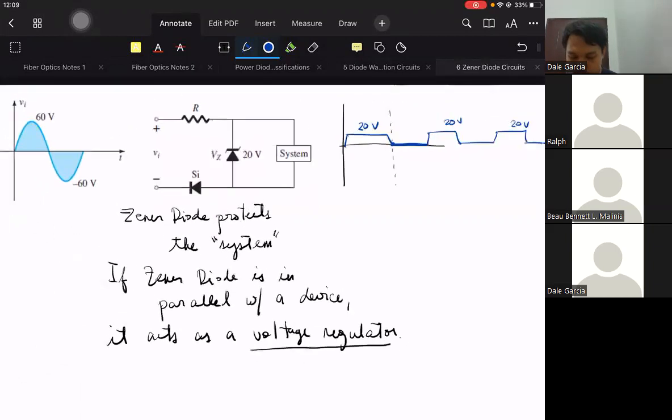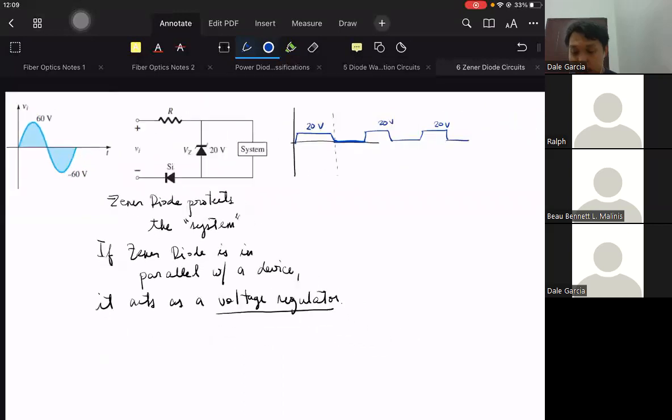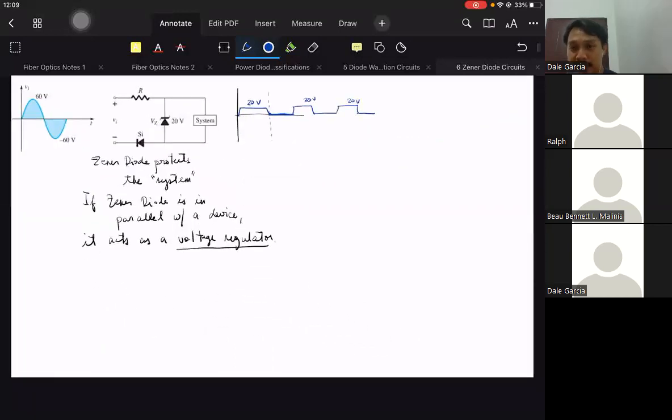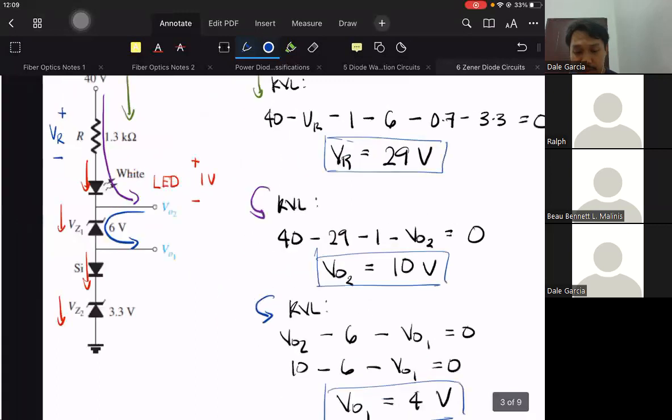Because the Zener diode's main purpose is to regulate voltage, we will focus more in our analysis on Zener diode circuits, since there are no other circuits where we use the Zener diode. And this is a very trivial circuit for a Zener diode.